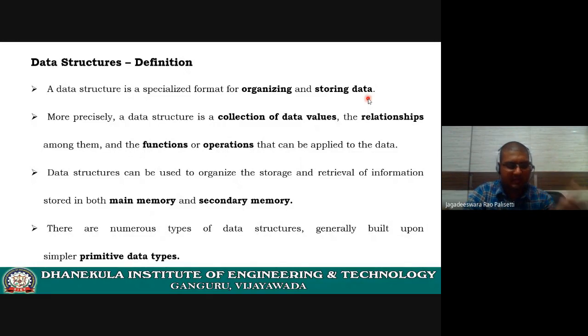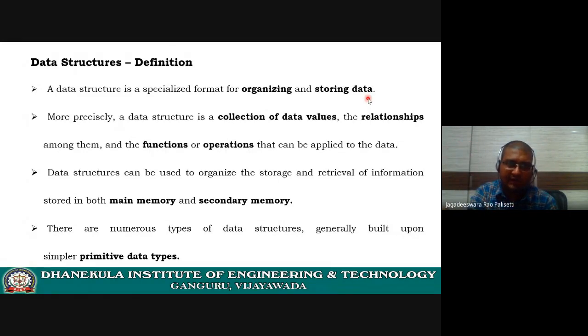Simple example. I hope you are already aware of arrays. The array is also a data structure. Why is an array a data structure? The definition of array itself says that an array is a homogeneous data structure. What is homogeneous here? The data values we store in an array should be of the same data type.